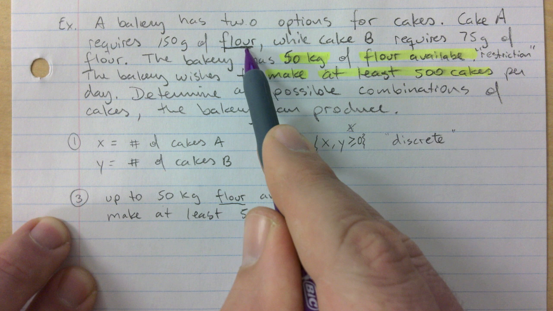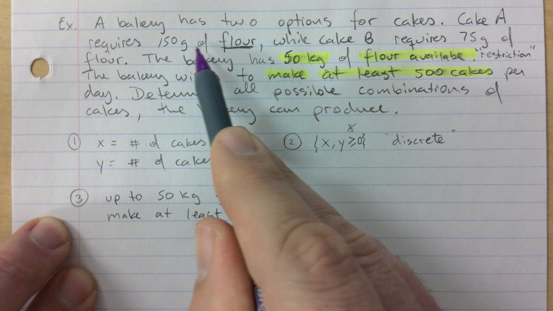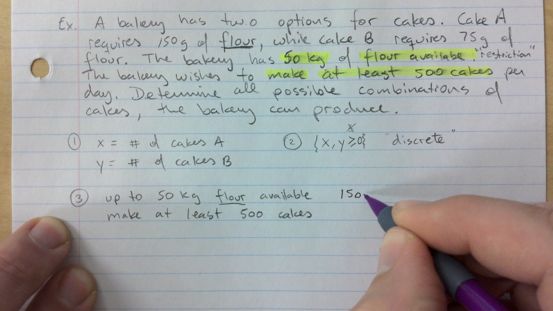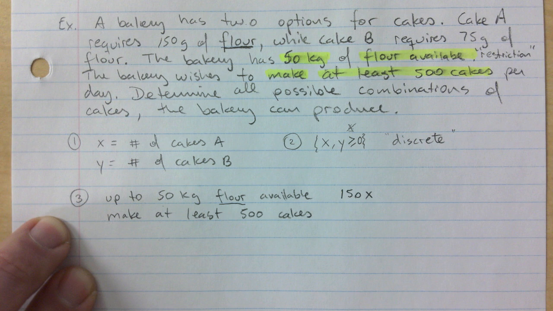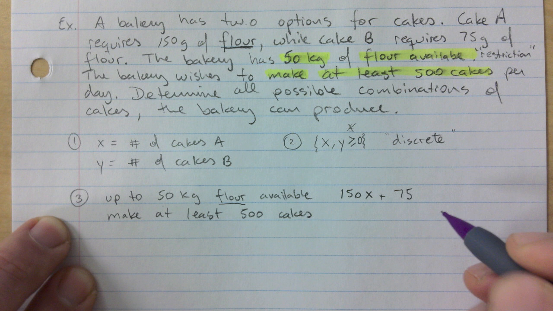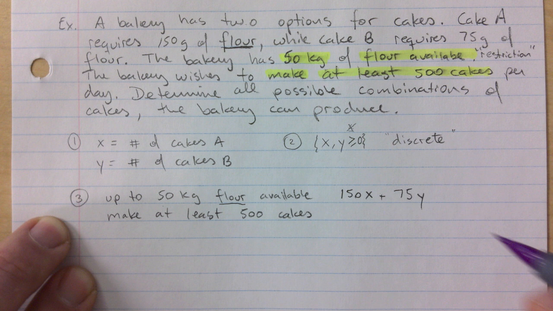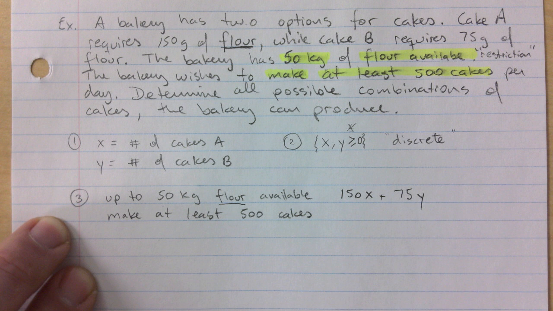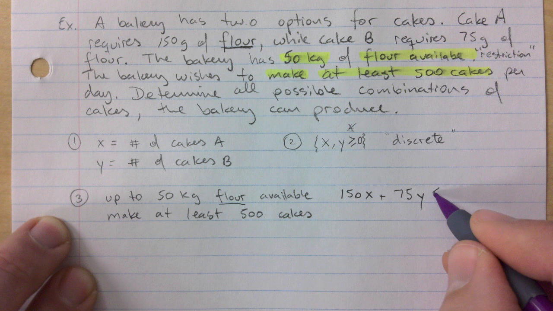So 150 grams of flour are used for every cake A that is being made, and 75 grams of flour is being used for every type cake B that is being made. And this combination would end up giving you the total number of grams of flour that has been used. And that has to be less than or equal to 50 kilograms.